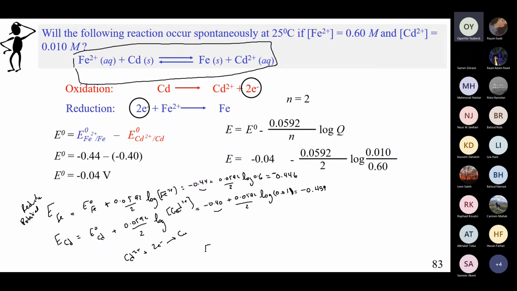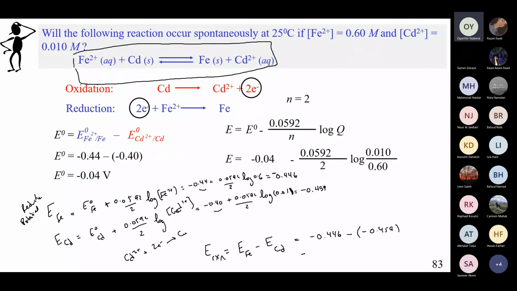Let me now get E of this reaction. For this reaction, which is the cell, which one is the cathode? Which one is the reduction? The iron. Which one is the oxidation? The cadmium. Okay, so minus 0.446 minus that of cadmium, a negative 0.459.